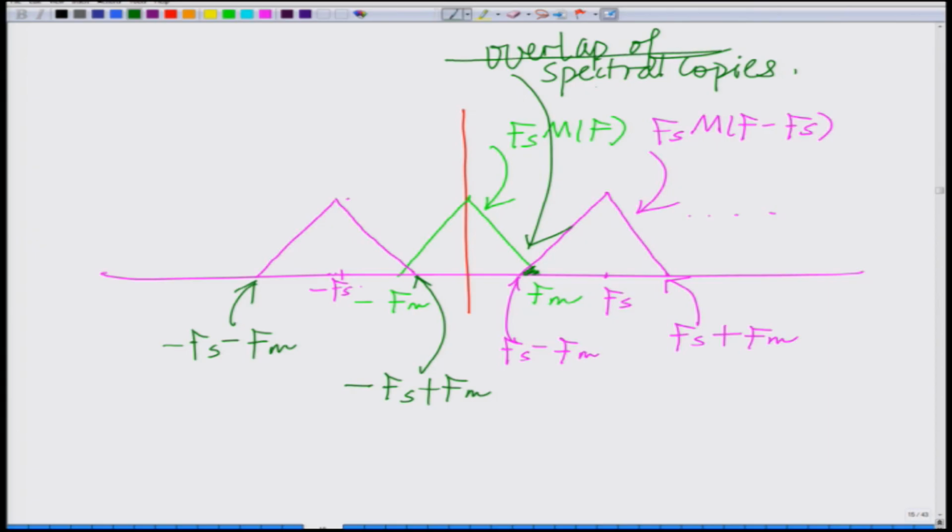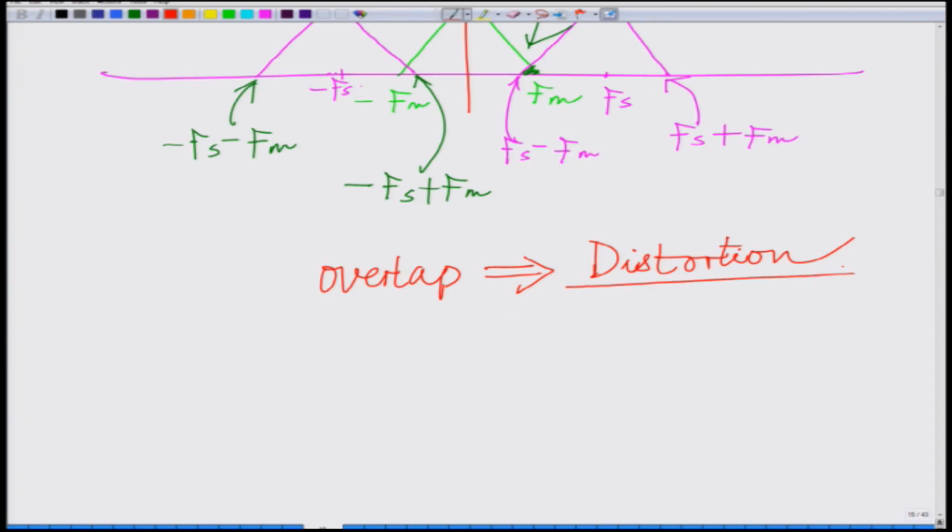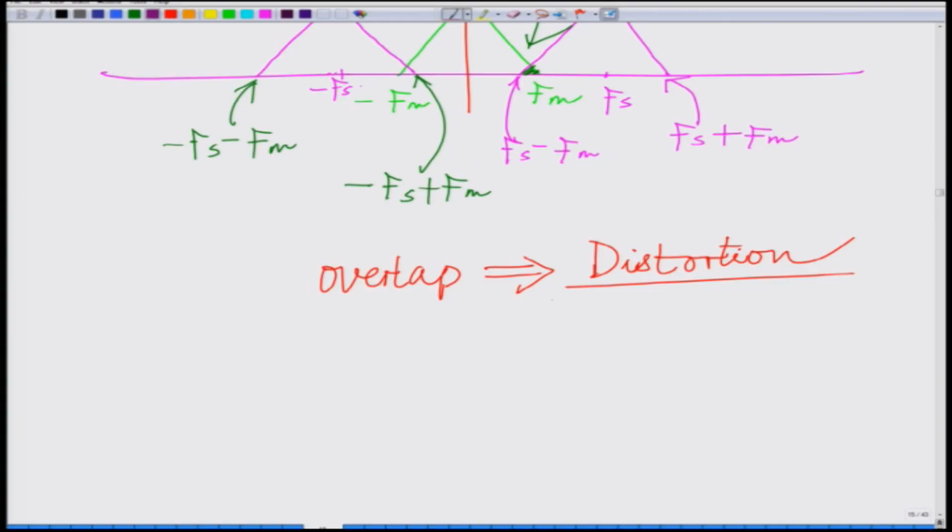and this overlap of spectral copies leads to distortion. That is what we said: overlap leads to distortion. Distortion means that the sampled spectrum is a distorted version of the original spectrum. What does this imply?